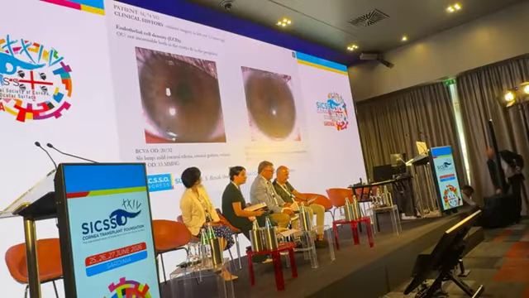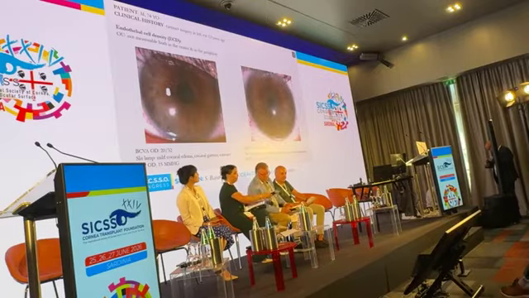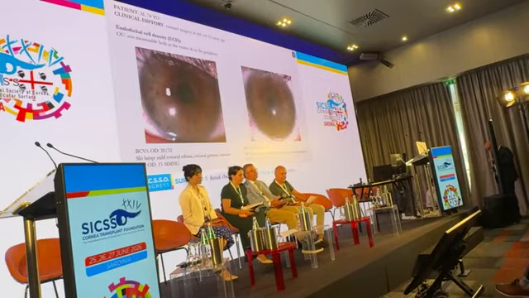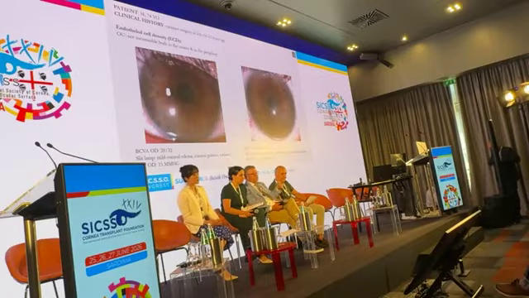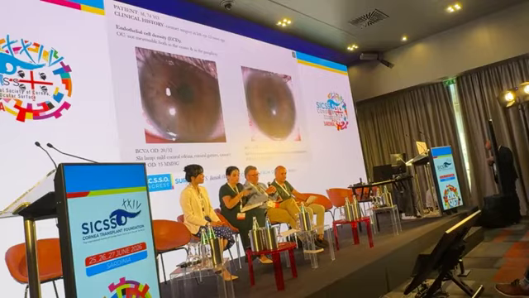Okay, perfect. So I shortly present you the case that he's operating on this afternoon. This is a case of a patient with Fuchs endothelial dystrophy. It's a 74-year-old male that had cataract surgery in the left eye 12 years ago. As you can see in the left eye, he has corneal edema, corneal guttata, and it's pseudophakic.